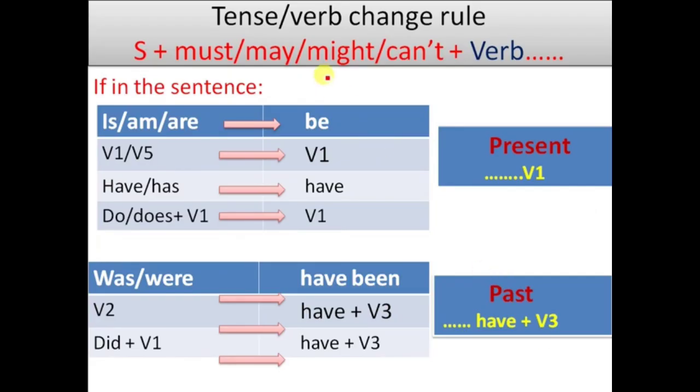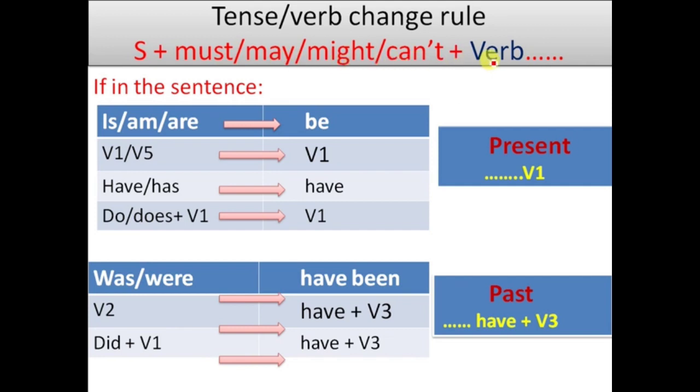So dear friend, while changing such sentences using the modal verbs may, might, must or can't, you have to be very careful regarding tense or regarding verbs. Our sentence using modal should follow this structure: subject, modal verbs, must, may, might or can't, and verb.